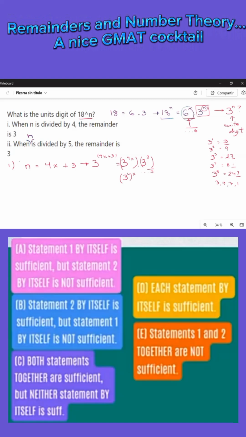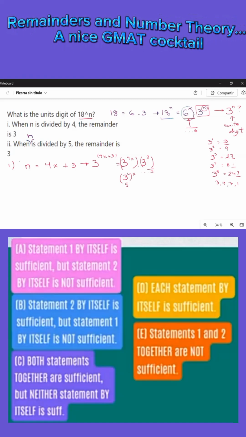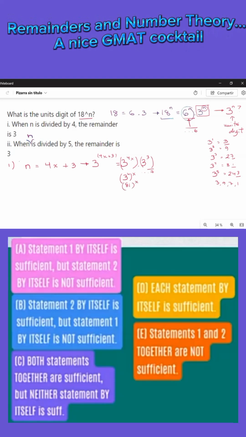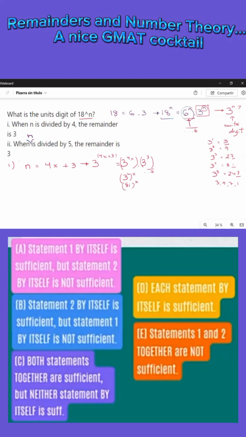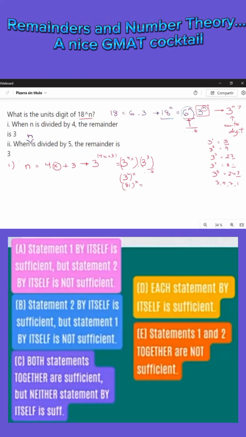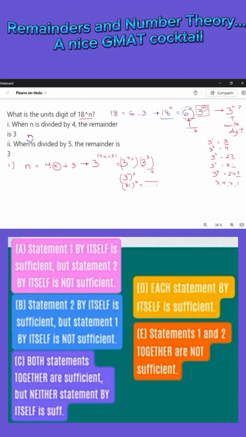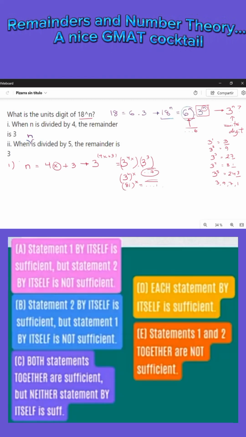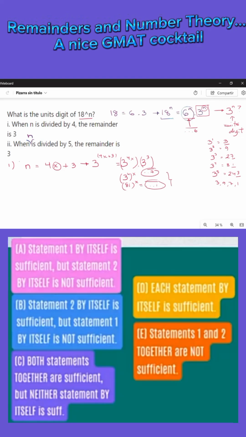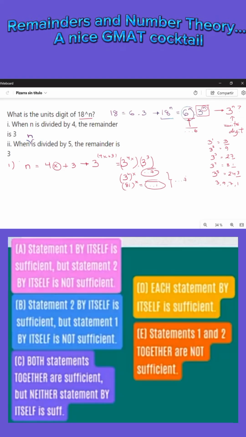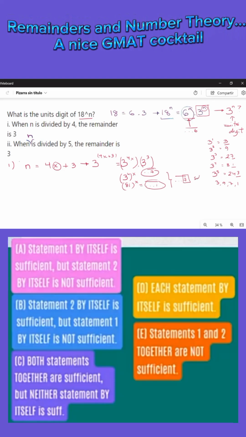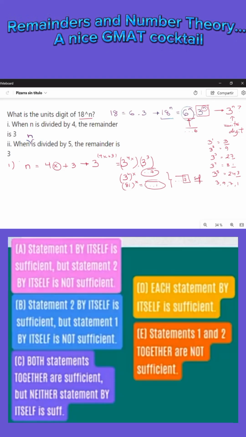And since 3^4 is actually 81, no matter what exponent x is, provided it is a positive integer, 81^x will always end in 1. And this part ends in 7, so the product of the two will always end in 7. So now we can give a unique answer to the question, and that is why statement 1 is sufficient.